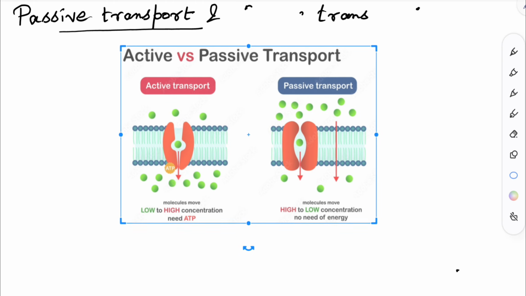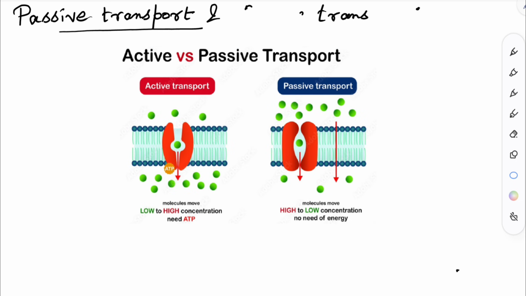With the help of this diagram we are going to understand this. First we are going to talk about passive transport.